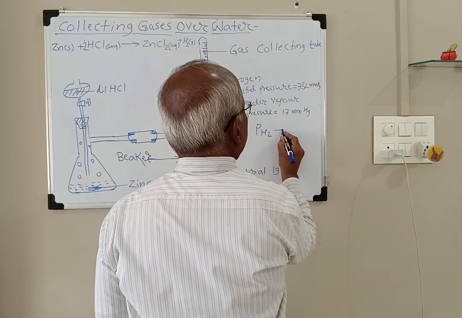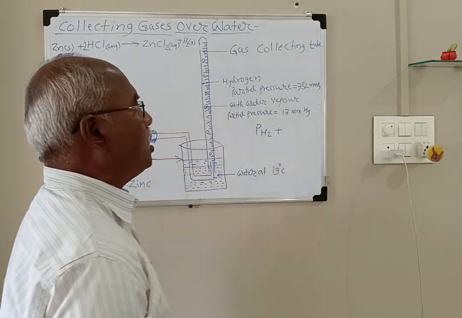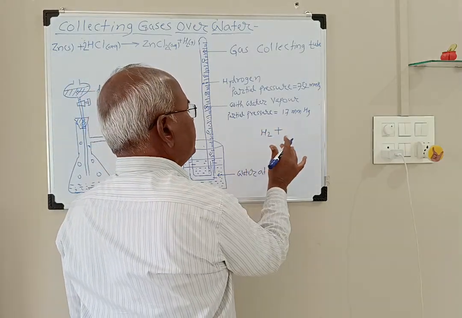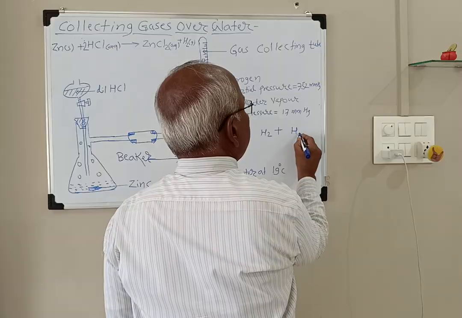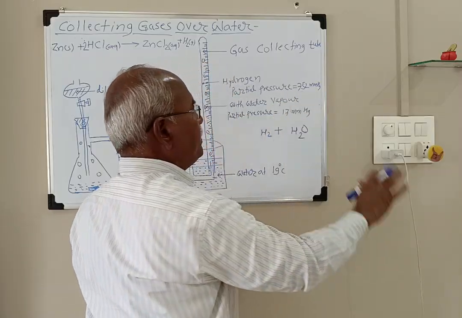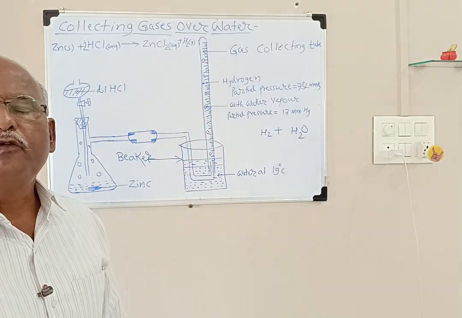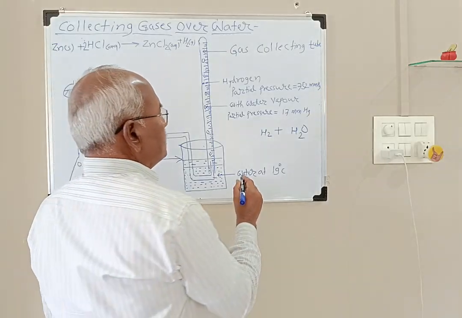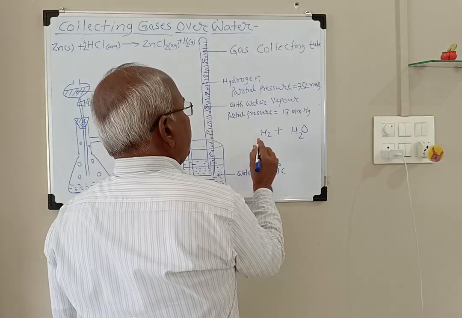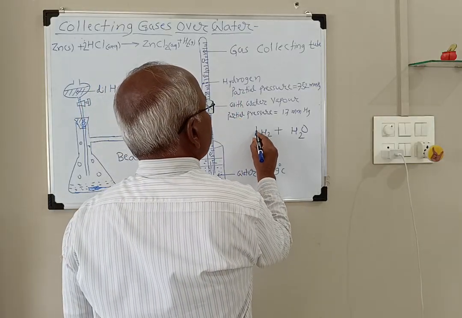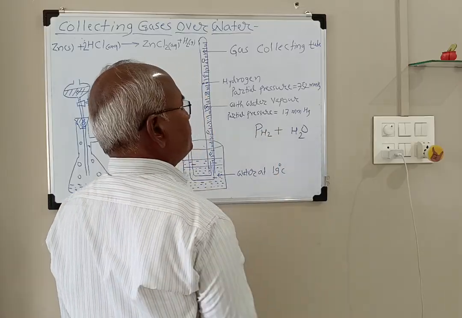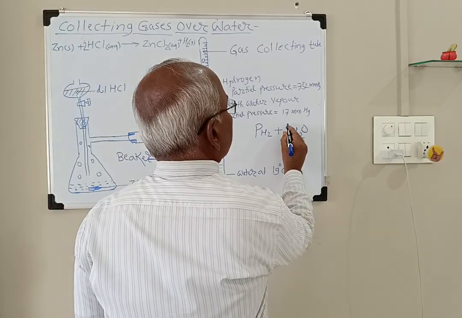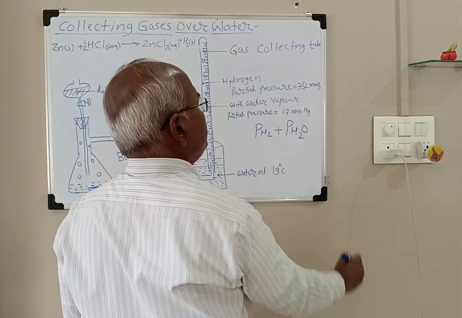The hydrogen gas is a mixture of H2 and vapor of water. Partial pressure of hydrogen I represent as pH2 and partial pressure of water as pH2O.